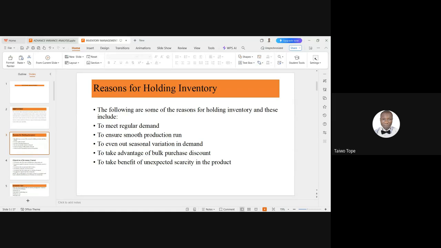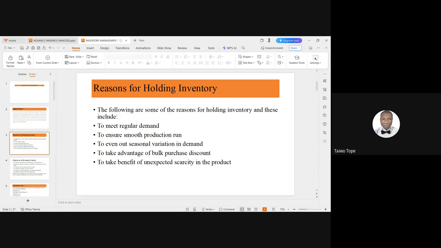Always hold inventory based on what is required at a particular point in time, and to even out seasonal variation in demand. Yes, because as I've said, some raw materials are seasonal in nature. You get them in large quantity at some point in time, and at some point they'll be out of stock.